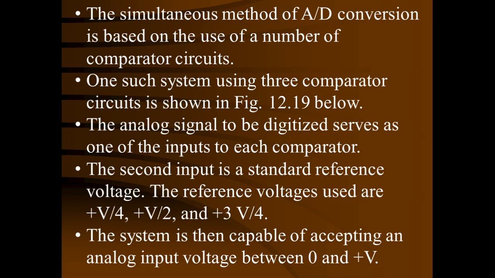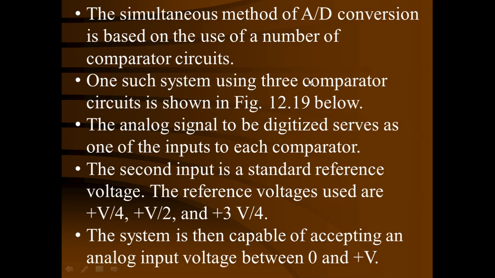If we think that n is going to be 2, that means the analog input voltage is going to be digitized into a 2 bit digital signal. That can be the different combinations 0 0, 0 1, 1 0 and 1 1. That means the input voltage must be divided into 4 different ranges.